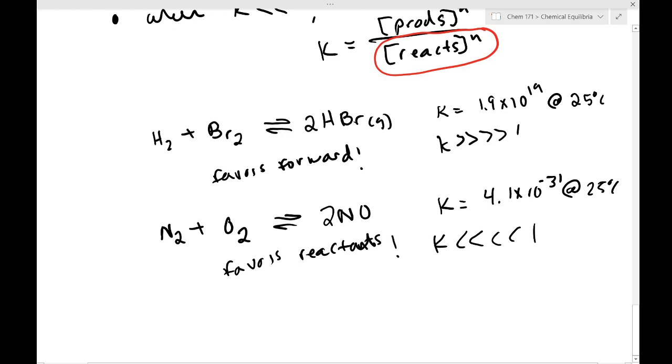Okay, and we're actually kind of lucky that this reaction favors the reactants here, because our atmosphere is mostly composed of nitrogen and oxygen, and if the forward reaction were favored here, our atmosphere would instead be full of NO gas rather than N2 and O2 gas, which we use to respirate.